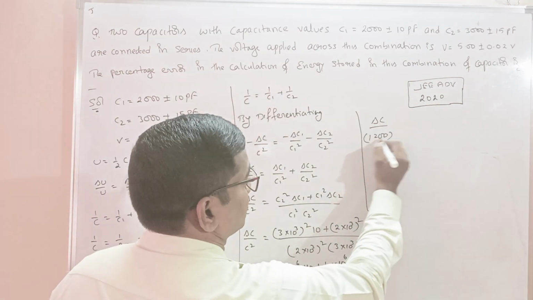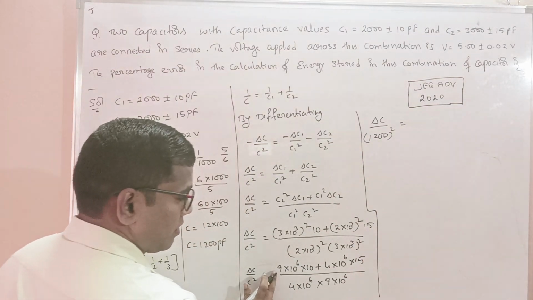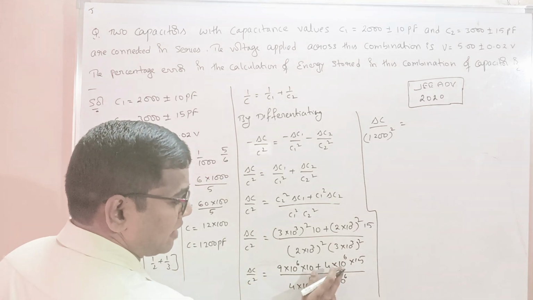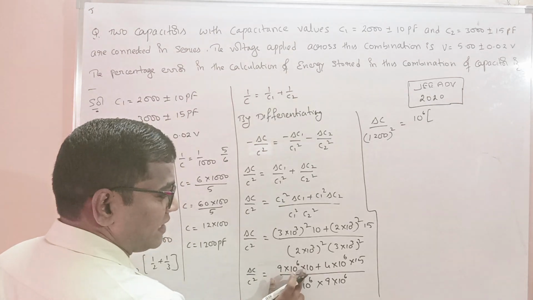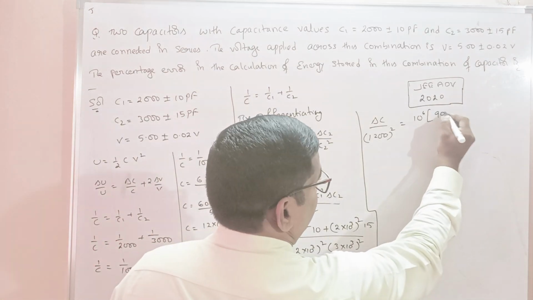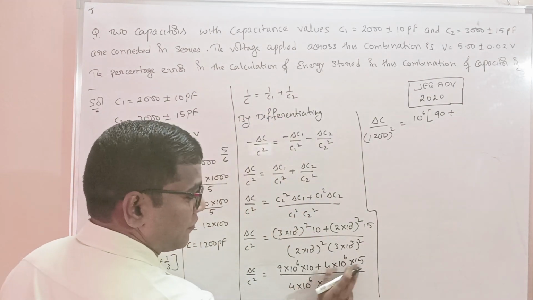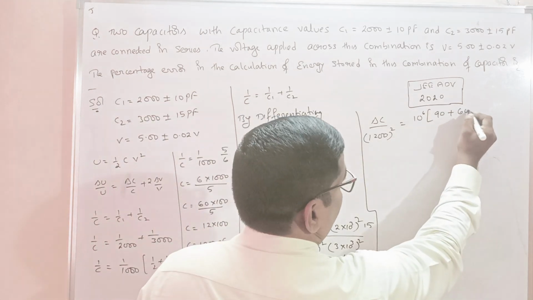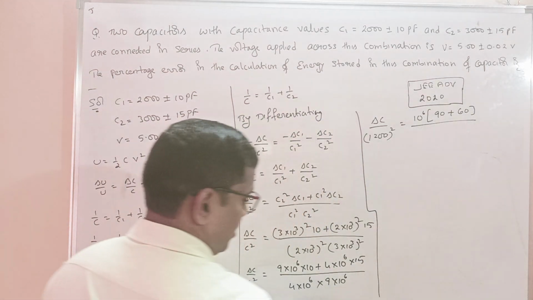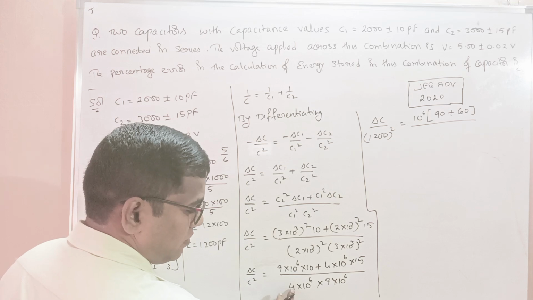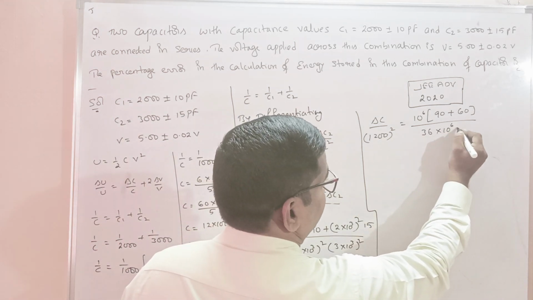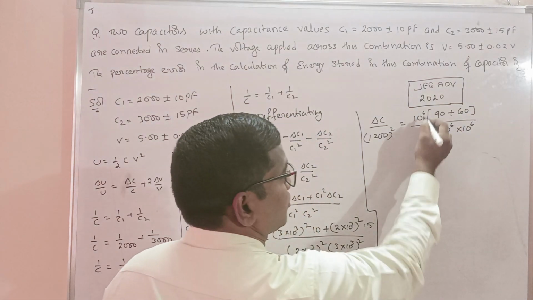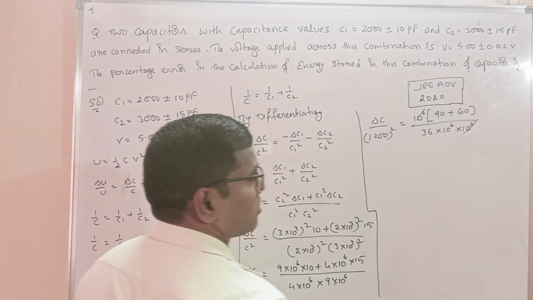So I will write whole square can be written as here 10 power 6, here 10 power 6 common. So 90 plus 4 15s are 60 upon here 4 9s are 36 into 10 power 6 into 10 power 6. So one 10 power 6, one 10 power 6 is gone.